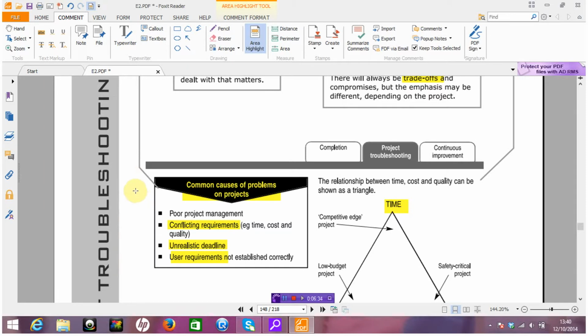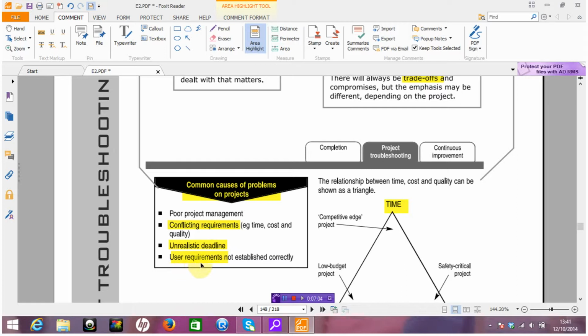Well, again, we'll come onto the triangle on the right-hand side in a moment, but you'll see here that these areas very much focus outside of the fairly broad poor project management, perhaps a poor project manager. We focus on the triangle again. These things may conflict. There may well be a trade-off between time, cost, and quality, and deadlines or unrealistic deadlines causing slippage in some way, shape, or form are very, very common with projects.